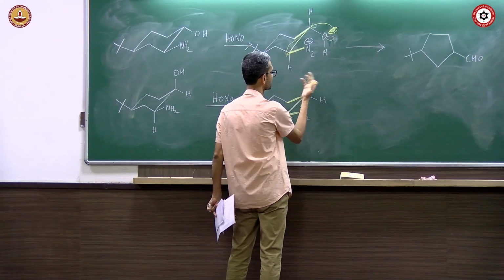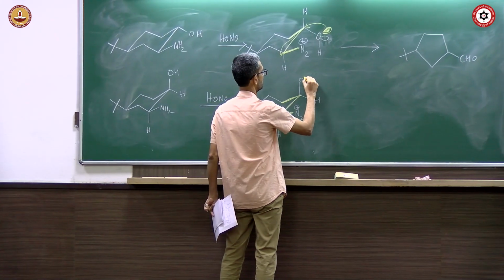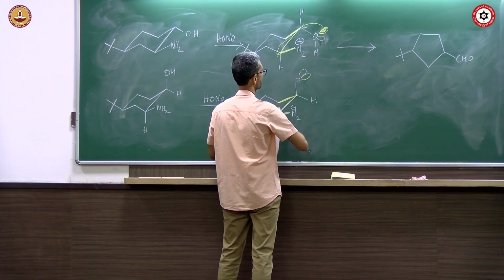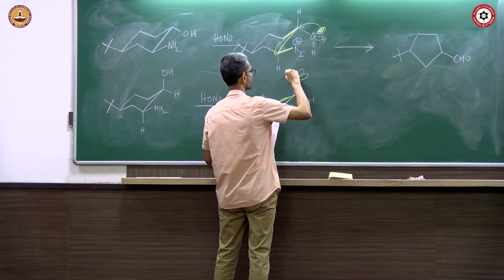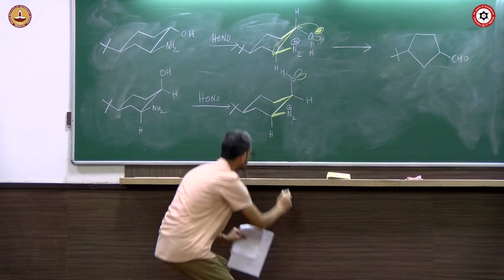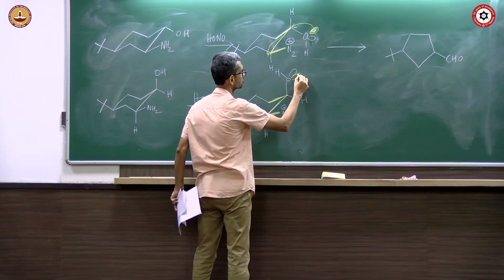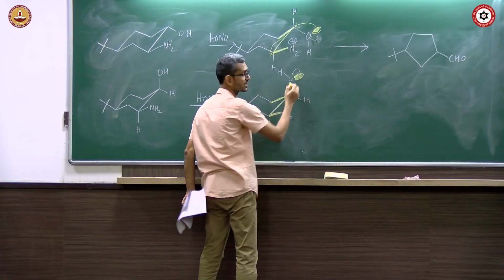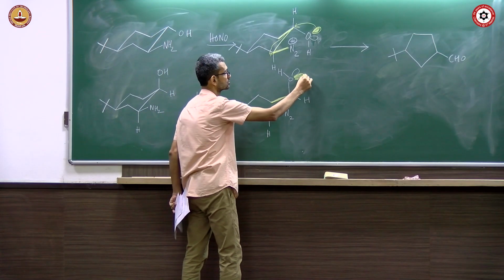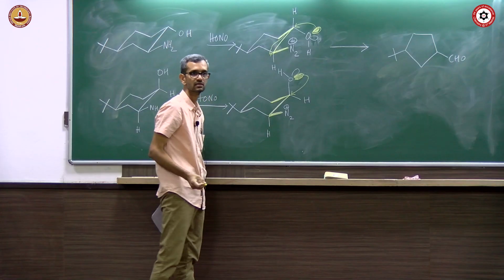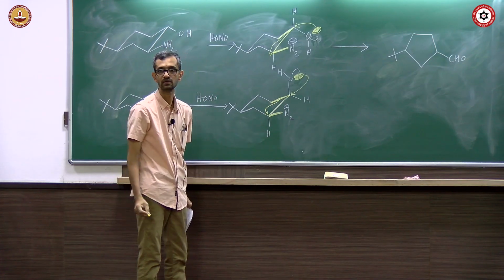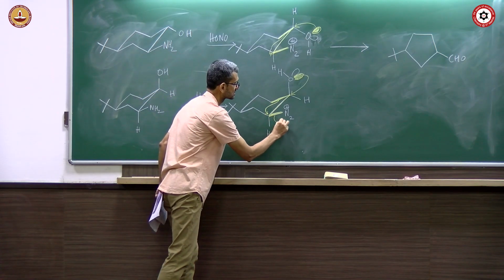You will indeed have, because this group can rotate. Now this particular electron pair is anti-periplanar to this. So this will pump in the electron density here. This group will migrate, okay, and then this would leave.